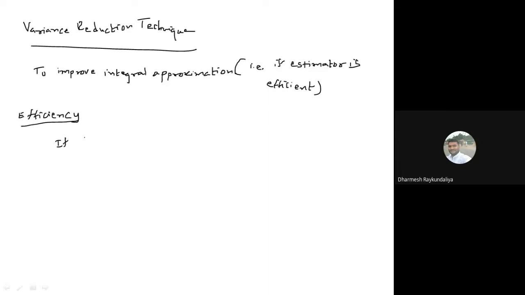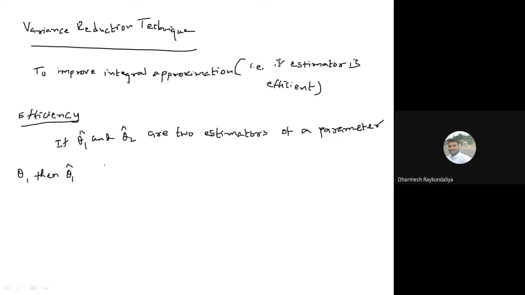If theta 1 cap and theta 2 cap are two estimators of a parameter theta, then theta 1 cap is more efficient than theta 2 cap if variance of theta 1 cap is less than variance of theta 2 cap.